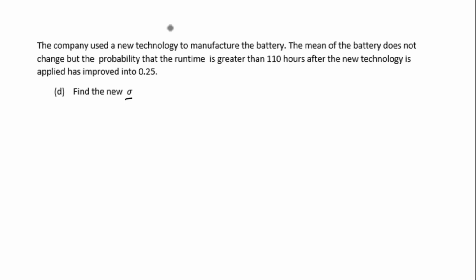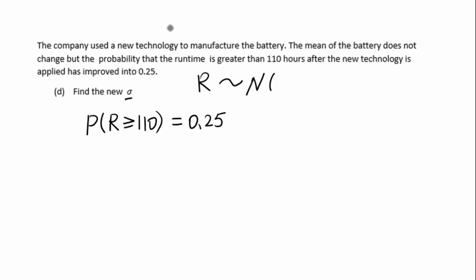According to the given information, probability of R greater than or equal to 110 equals 0.25. This R follows normal distribution with 98 as mean. Sigma, we need to figure out.